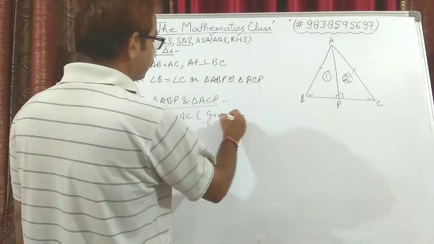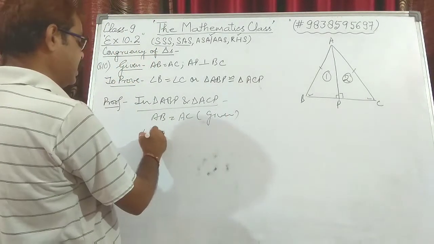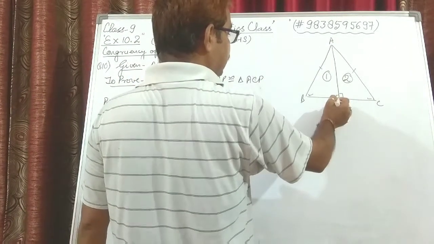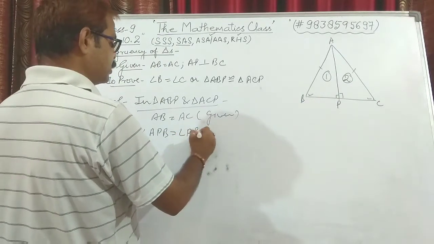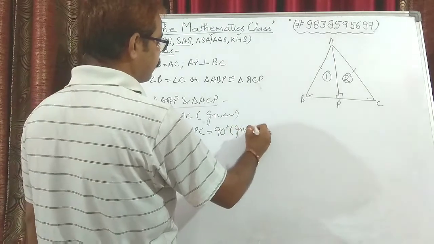Second point, you can say that angle APB is equal to angle APC is equal to 90 degrees. This is also given. Why?